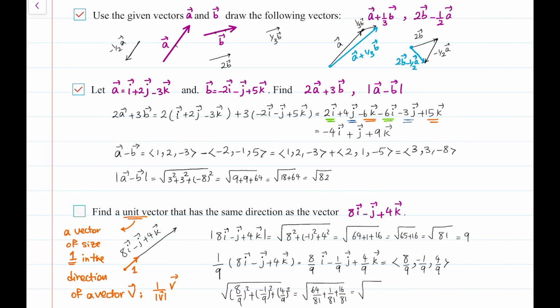So the common denominator would be 81. I'm going to add up 64 plus 1 plus 16, 81. So square root of 1, which is 1. So the length of this vector is 1, and it is in the same direction because I multiplied by a positive number.